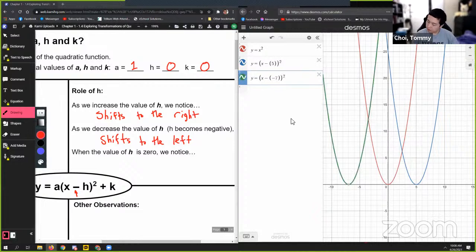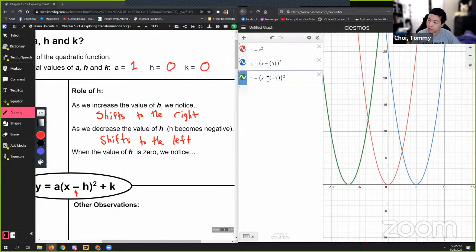Does that make sense? So notice how and why it reverses. When we plug in a positive number, it shifts to the right. But the end result is that we're just going to get x minus 5 in the bracket because of how we simplify. In the green, when we plug in a negative number into our formula, it should shift left because we're plugging in a negative number.